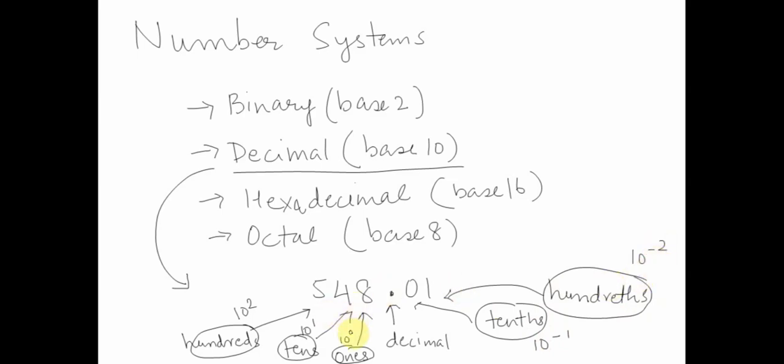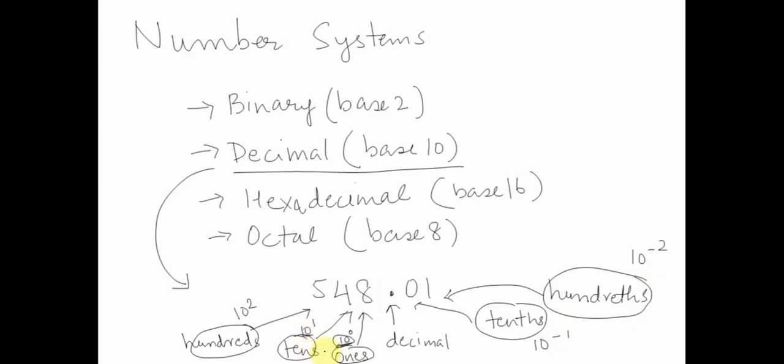So if you see, our base is 10. That's why this is called a decimal system. This entire system is based upon the foundation of ones being 10 raised to power 0, base being 10, tens being 10 raised to power 1, and hundreds being 10 raised to power 2.